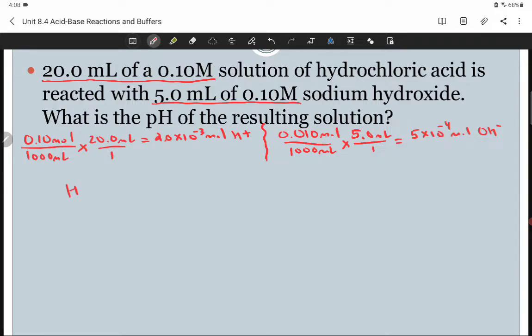I wouldn't always write this out, but we're going to write it out in our first question here. Now this is ICF because this is stoichiometry, not equilibrium.